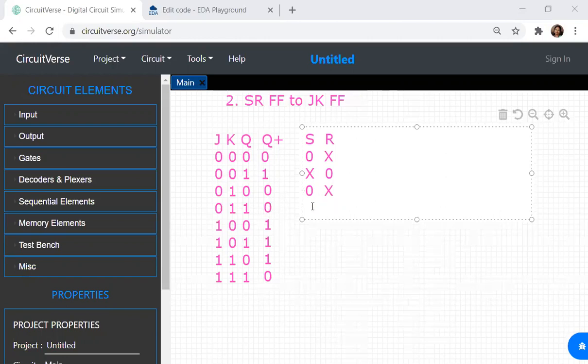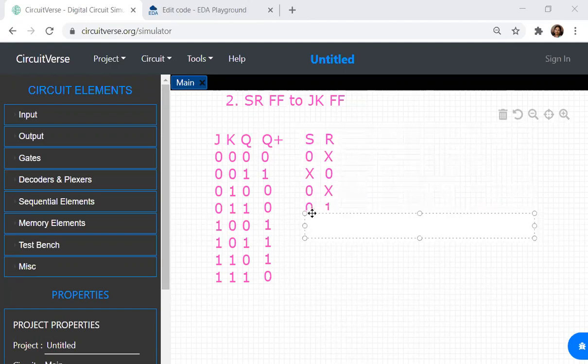I will get it when S is equal to 0 and R is equal to 1. Next, 0 and 1. When will I get my Q plus equal to 1?